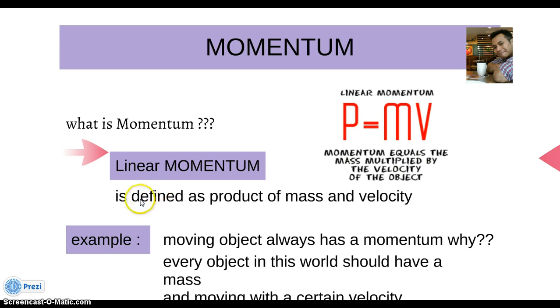So linear momentum is defined as the product of mass and velocity. For example, a moving object always has momentum. Why? Because every object in this world, small or big, has mass. So when the object moves at a certain velocity, it produces momentum.